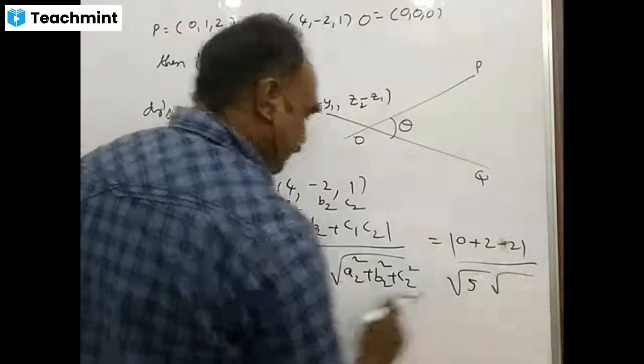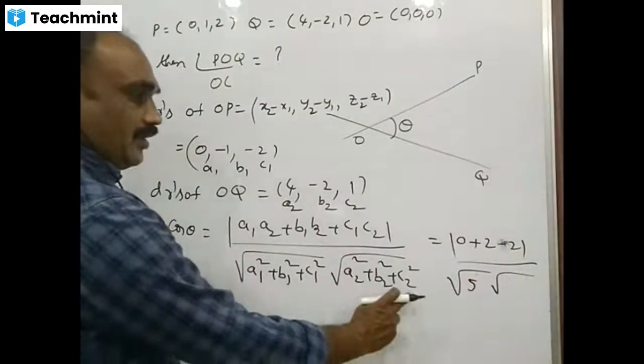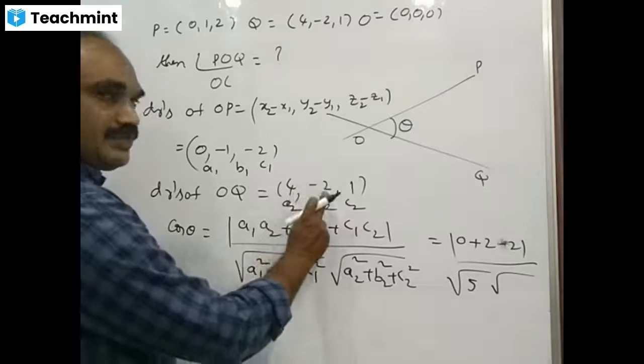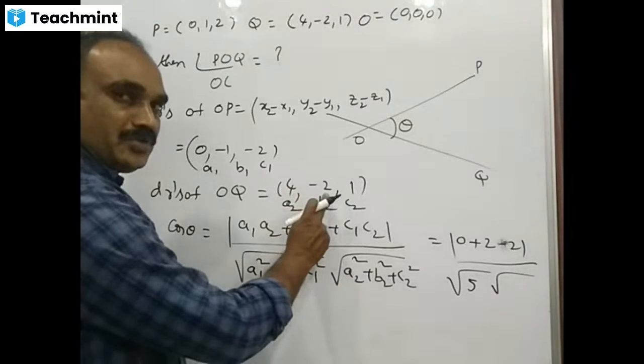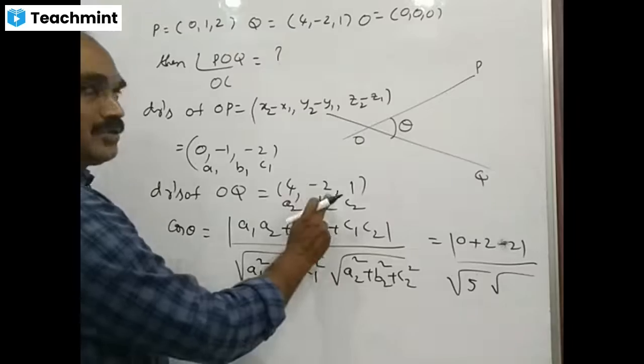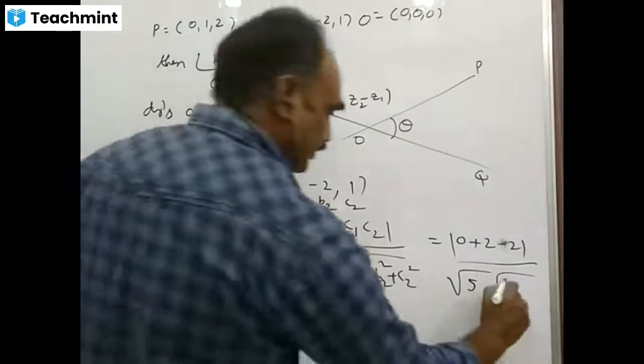Next, root of a2 square plus b2 square plus c2 square: 16 plus 4 plus 1, 21, root 21.